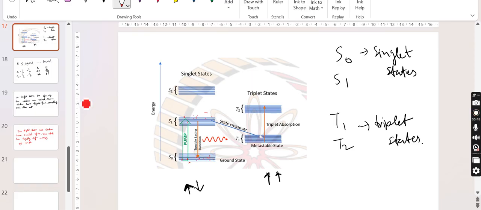And from different S1 states, they come back to different levels of the S0 state. So S0 is a combination of different energy levels.